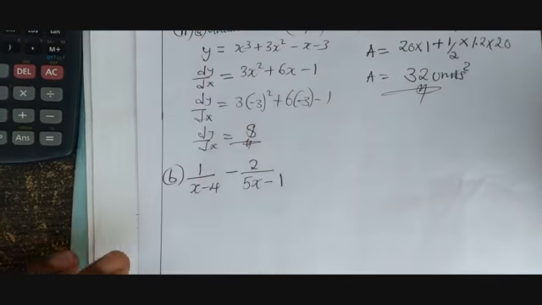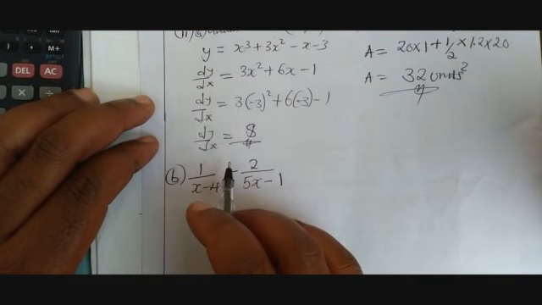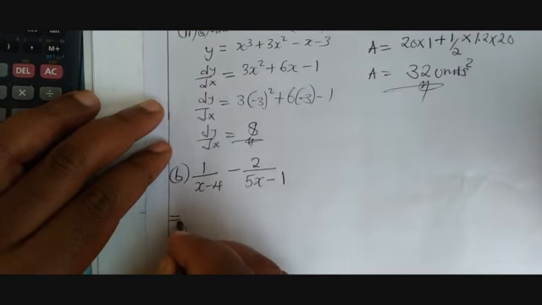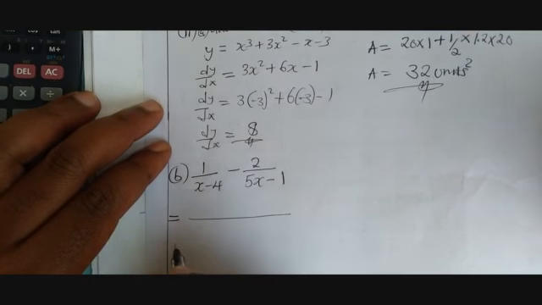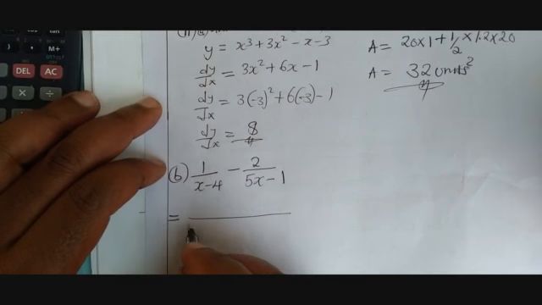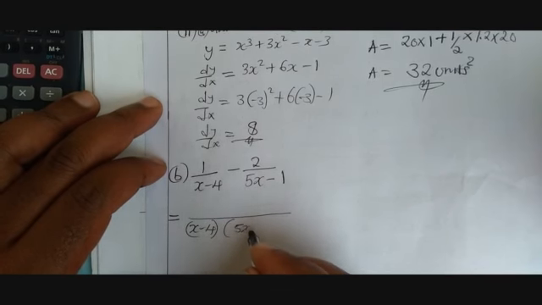Okay, so you can see that these are two fractions. So we want you to write them as a single fraction, just one. Okay, so here we get the denominator by just getting the multiple of these. So you say x minus 4, then 5x minus 1.